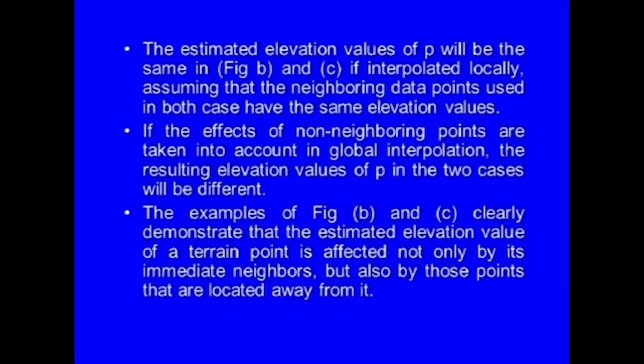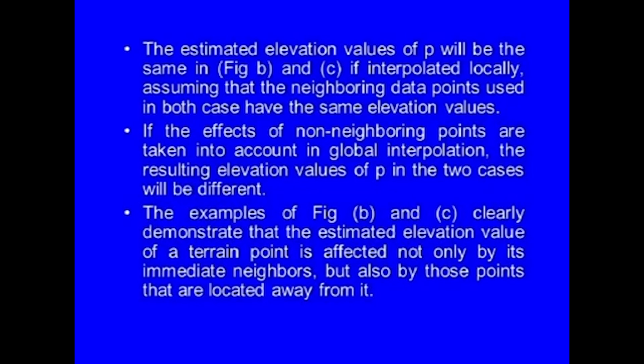The estimated elevation values of P will be the same in case of figure B and C if interpolated locally, assuming that the neighboring data points used in both the cases have the same elevation values. If the effect of the non-neighboring points is taken into account in global interpolation, the resulting elevation values of P in the two cases would be different.